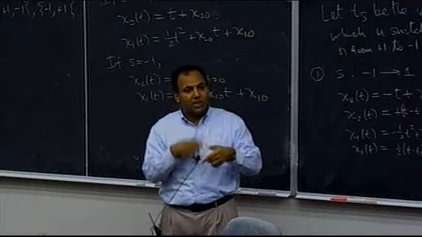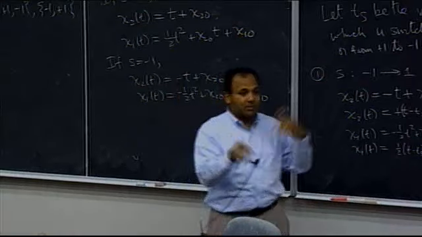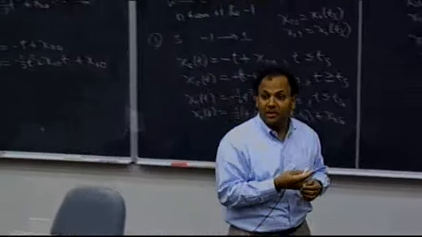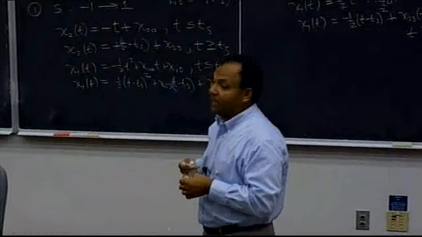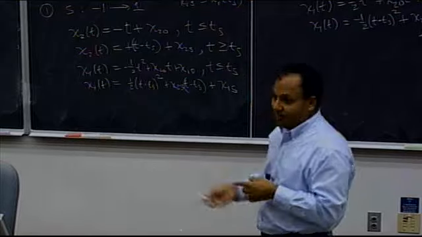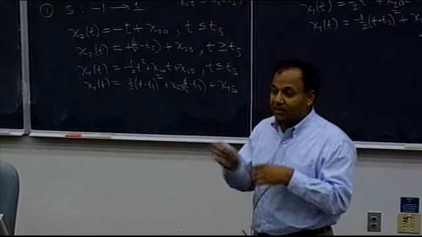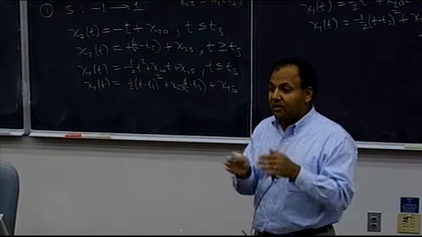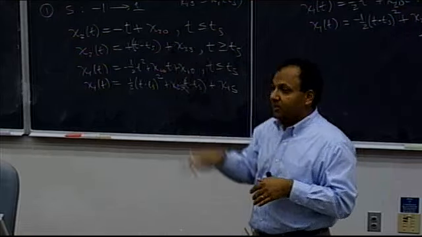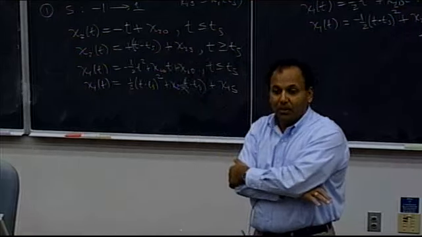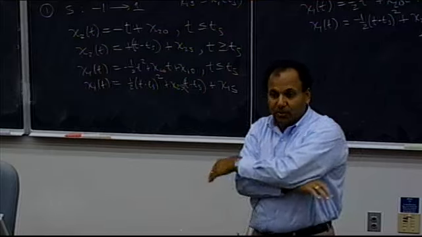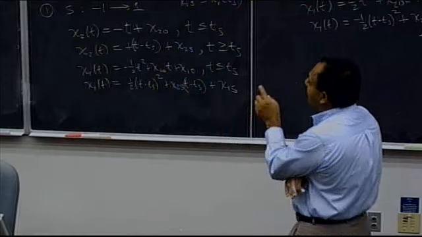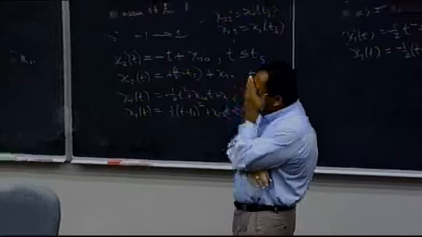So I could potentially have more than one switch, because my costate's going to get more complicated. It's not necessarily going to be a straight line anymore. These were straight lines, but that's not necessarily going to give you a nice straight line solution. And if it does, it may be piecewise linear, and it may switch more than once. So you may actually cross the origin more than once. So these problems get very complicated.